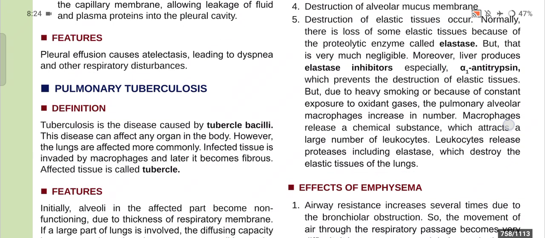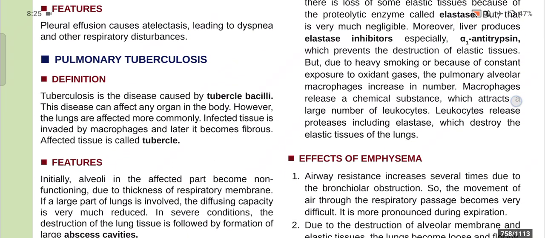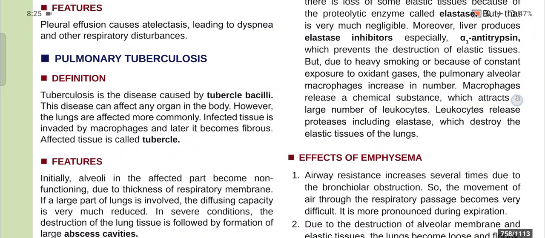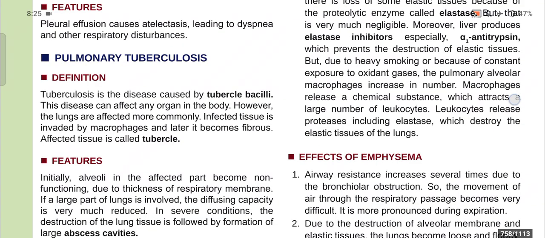Then macrophages release chemical substances which attract a large number of leukocytes, and leukocytes release the enzyme protease, including elastase, which destroys the elastic tissues of the lungs. So a smoker or a person exposed to oxidant gas is at risk of emphysema.